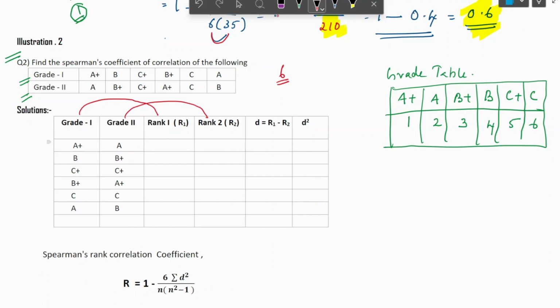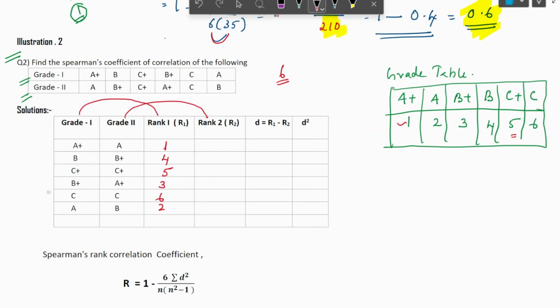That means here A plus we have given first rank, right? Therefore, we write the value first. B, in the grade table, what is B? B equals 4. Next, C plus, the value is 5. Therefore, I'm writing here 5. B plus is 3. C is 6. A is 2. That means we have converted the grades from A plus to C into ranks, that is first to 6.